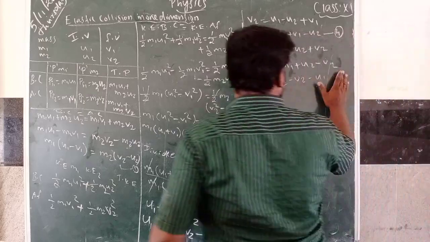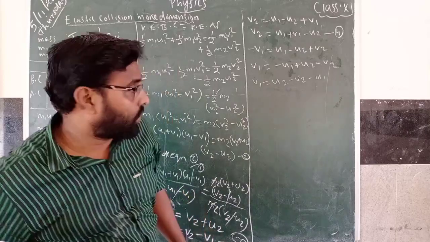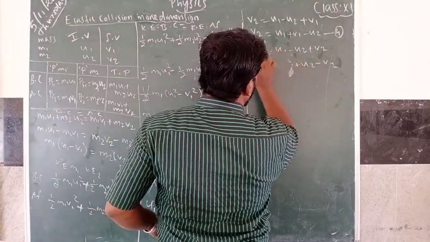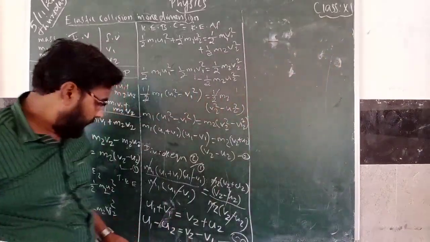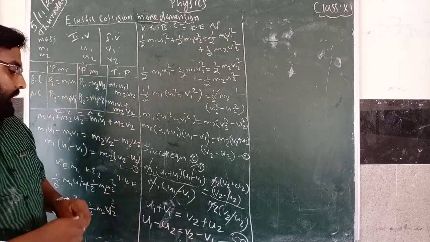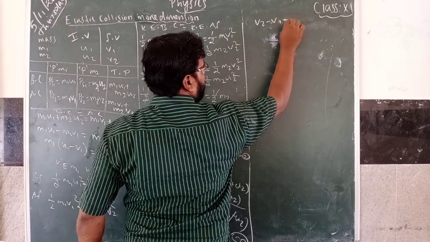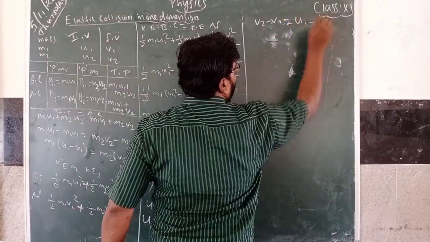Here some mistake came. First you have to find this. Sorry, from this formula you can find v1 first. So v2 minus v1 is equal to u1 minus u2.